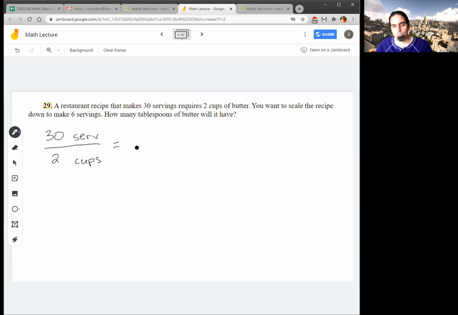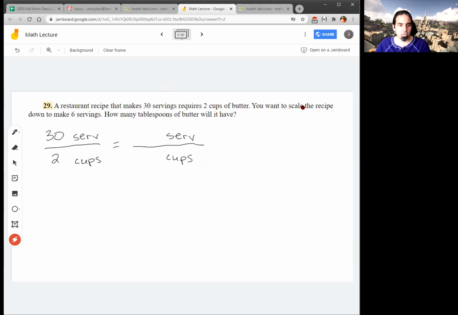I know even before I finish reading that I want to have servings on top and cups on the bottom. Something might mess me up like we had before. I might have to change one of these, but that would make things nicest: if we had one situation on the left and one on the right, and the same words on the top and the same words on the bottom. So now we'll keep reading.